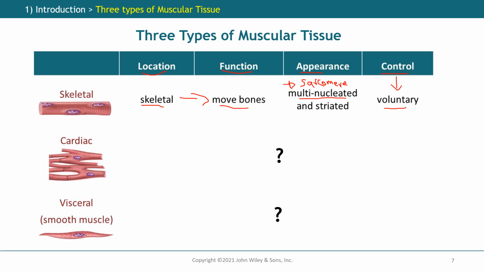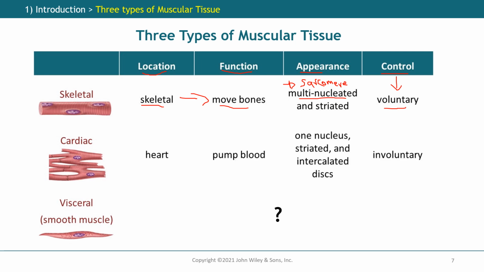Okay, so let's continue with the cardiac. In the cardiac muscle, the location will definitely be the heart. Here you have your pumping, and the heart is pumping blood. And if you see, they only have one nucleus, so here you have two cells, one cell here, which has only one nucleus, and this is the other cell, so it also has only one nucleus, so it's mononucleated.